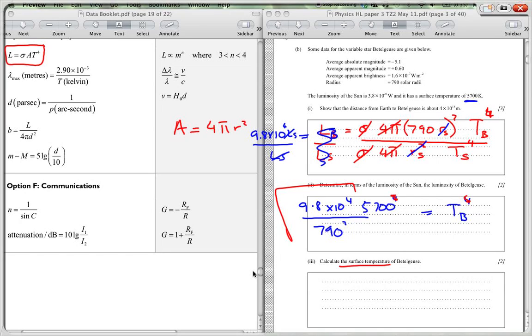When I do that, you get a value of about 3,600 Kelvin. Actually, they accepted from 3,000 to 3,500 Kelvin when you calculate the surface temperature of Betelgeuse.